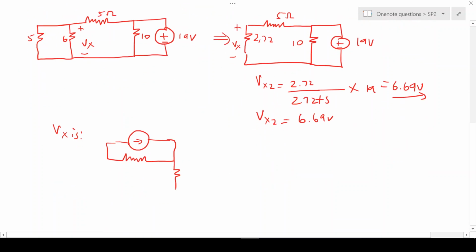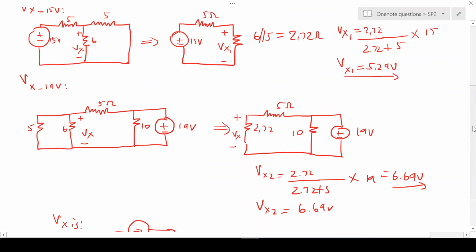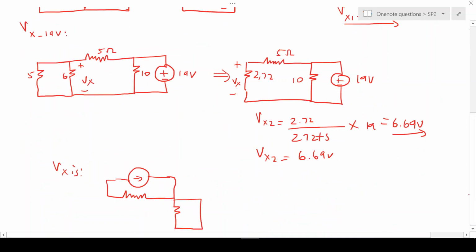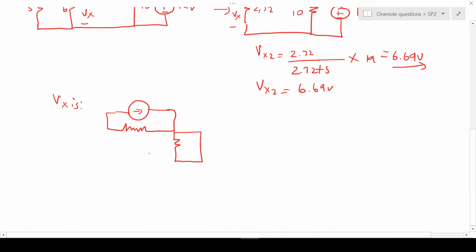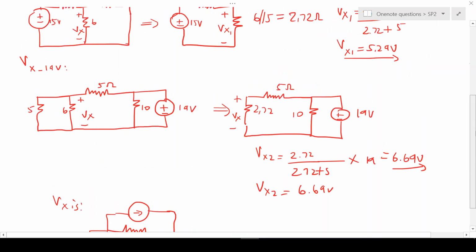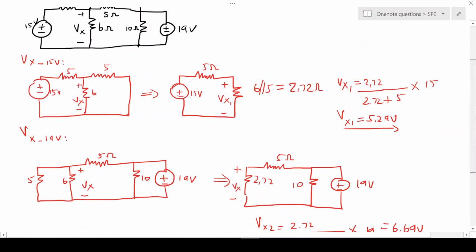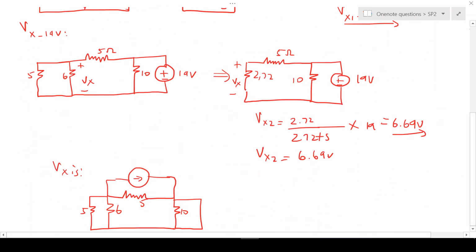So you'll have your resistor short circuit, and on the right hand side you have the two resistors. That will be 6, that will be 5, that will be 10, and we will have 5 and the source value, which is 2 amps.